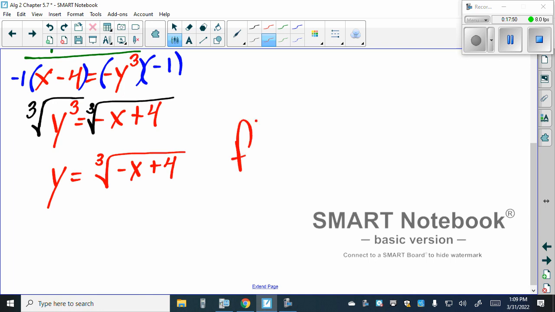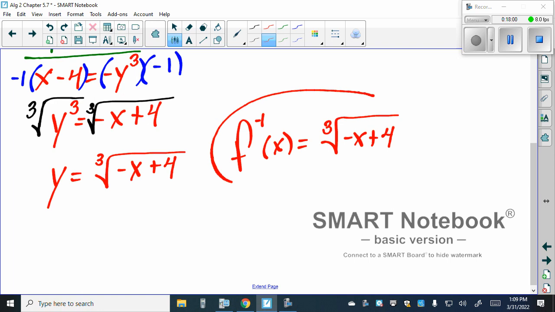So our f inverse of x equals the cube root of negative x plus 4. And that's all we need to do for this here.